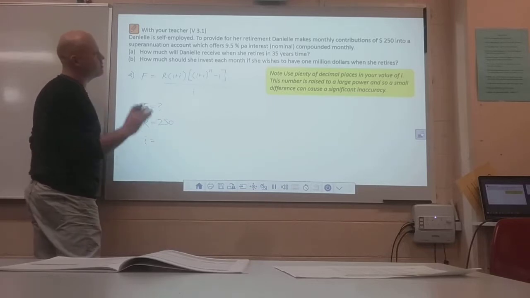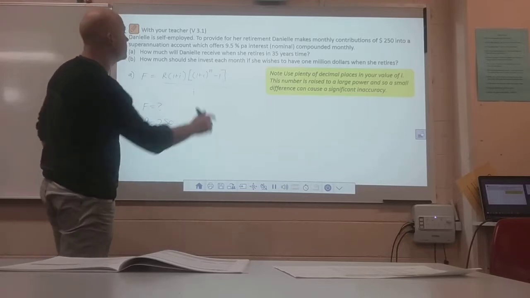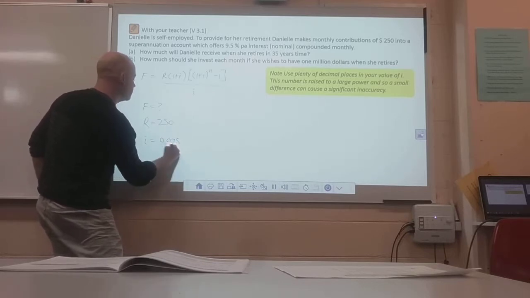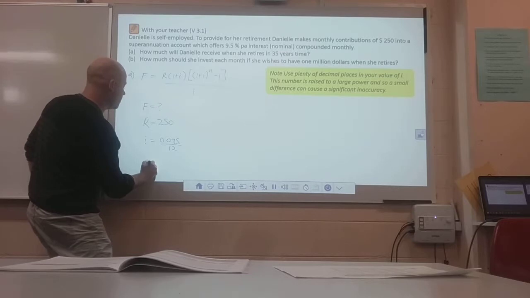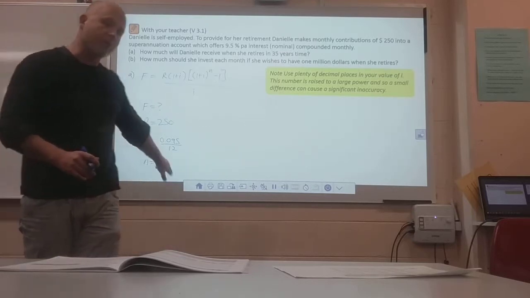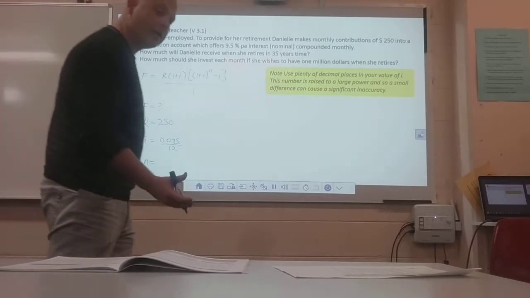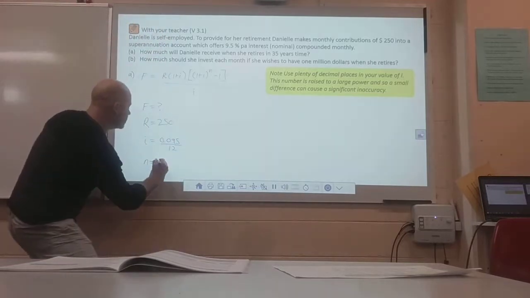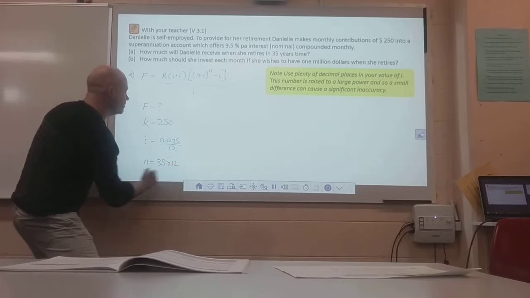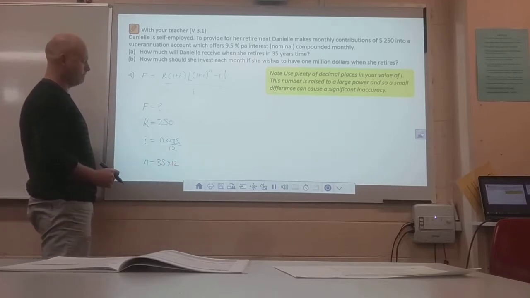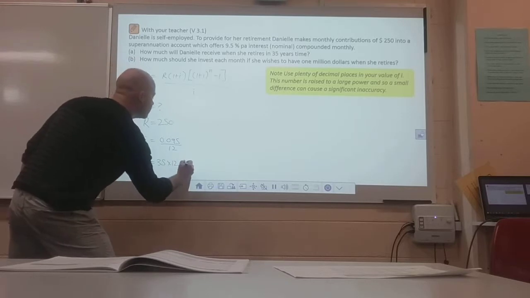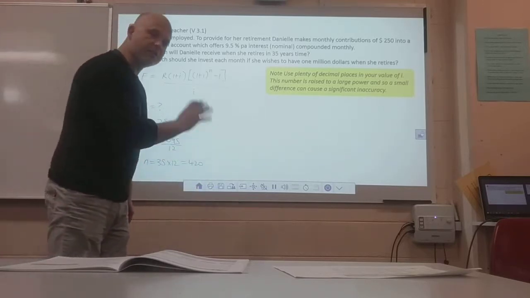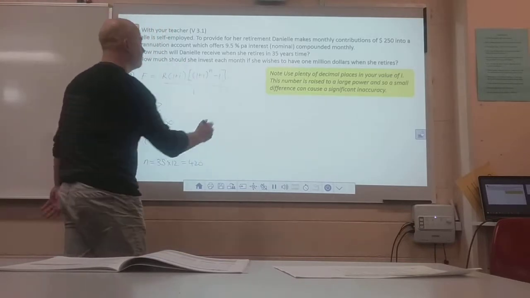The interest rate works the same as for compound interest, 9.5% as a decimal, and of course we divide that by 12 because it's compounding monthly. And our N value, number of payments, we're doing this for 35 years, 12 times a year. So 35 by 12 gives us 420 periods. So let's substitute these values into the formula, this one here.